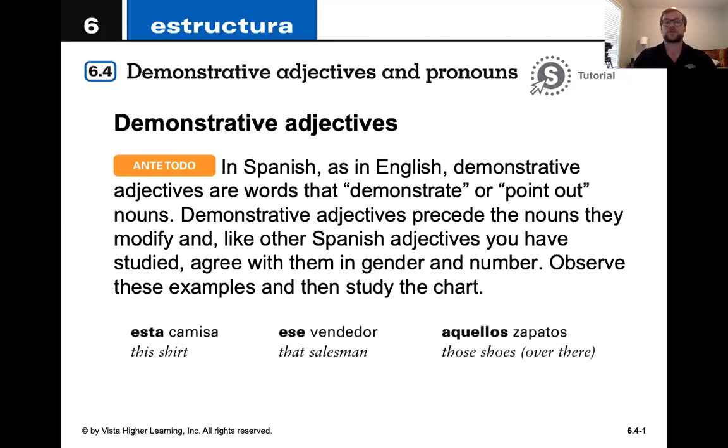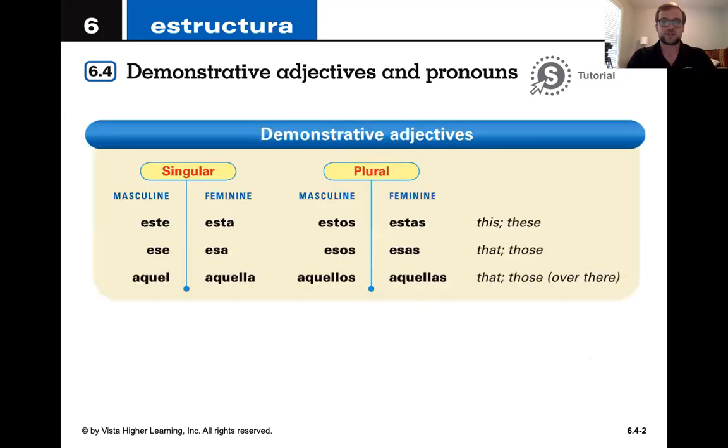These words are like those over there. I'm from the South, so to me it's like those over yonder, right? Those way over there, okay? Aquellos, way over there, over yonder, okay? Whereas este, this, that, those over there, or that one over there, okay? Aquellos zapatos. Okay, let's look at the chart here.